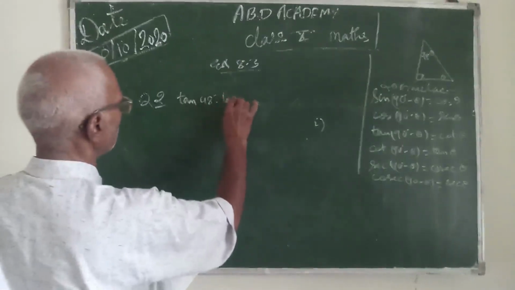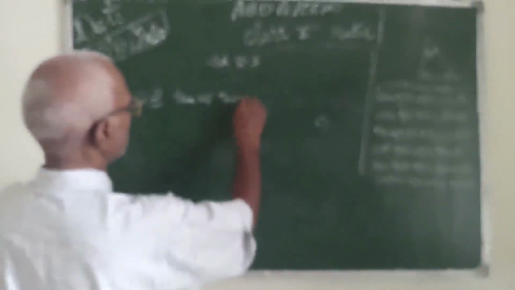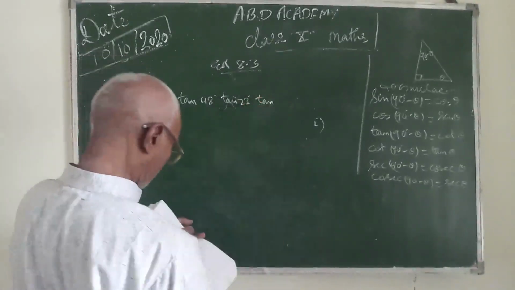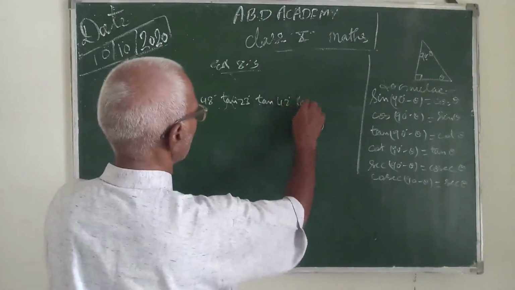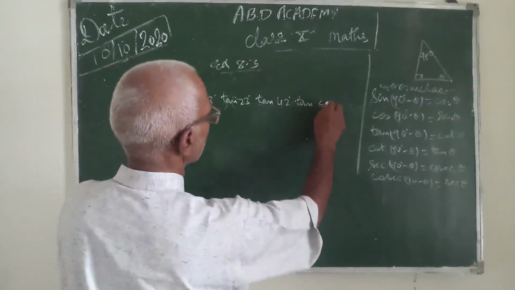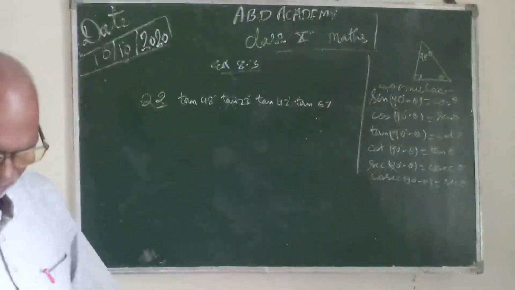No sign means multiplication. Its value is to be proved 1.